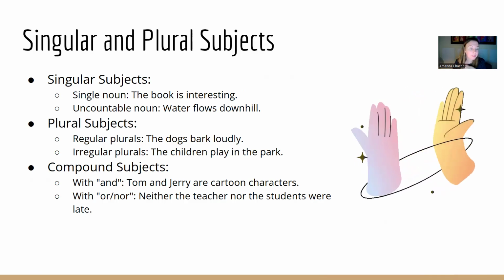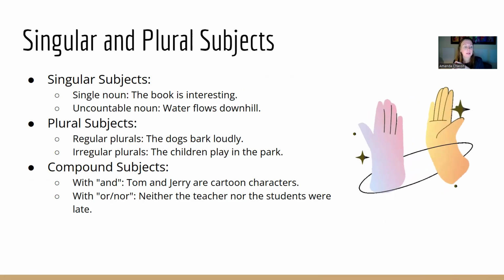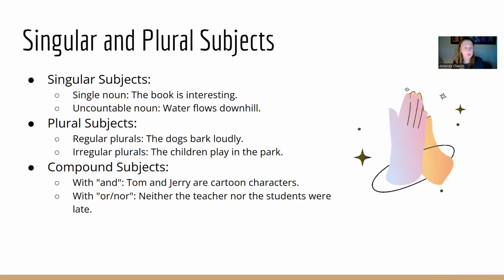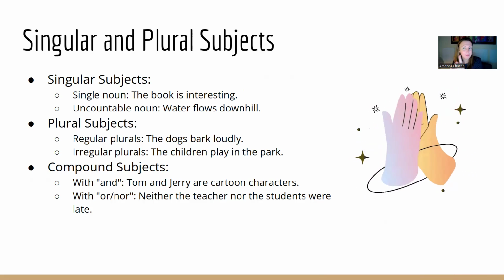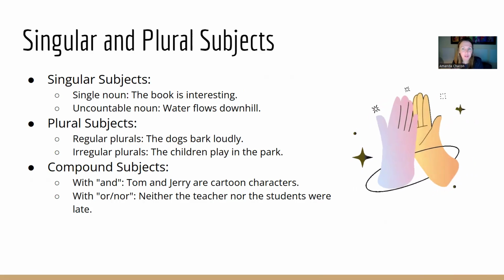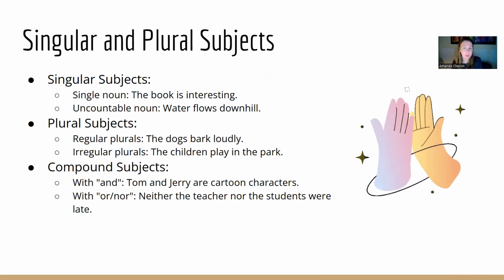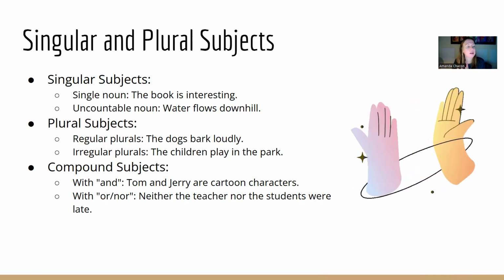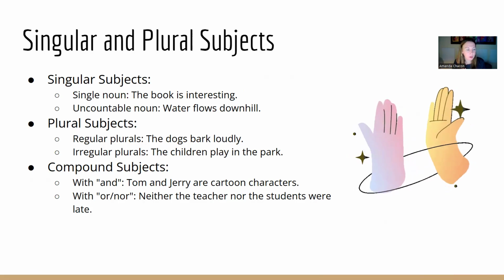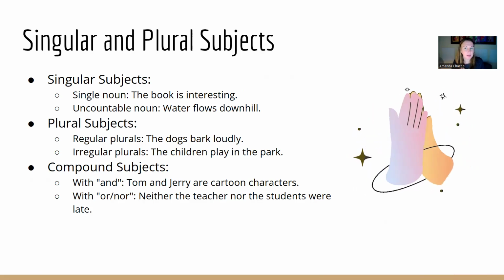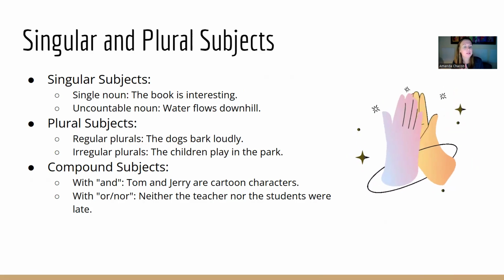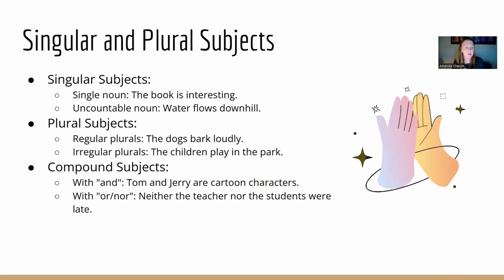Now, compound subjects with and are going to be plural. Tom and Jerry are cartoon characters. You wouldn't say Tom and Jerry is cartoon characters. With or and nor, it's going to be what we see here: neither the teacher nor the students were late.